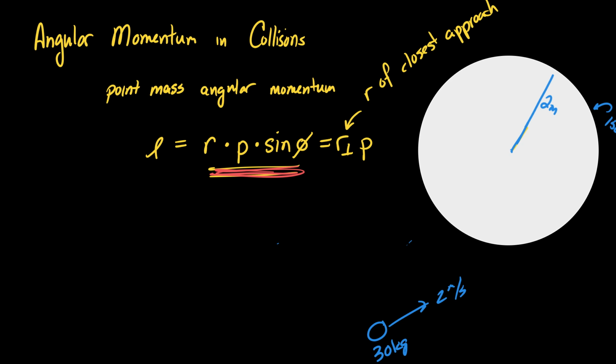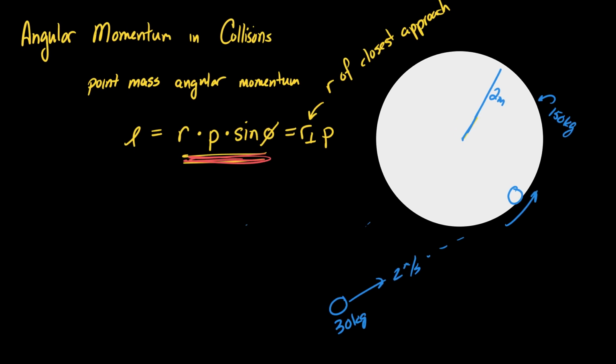So the kid makes it to the edge of the merry-go-round, jumps on, and now the kid and merry-go-round are spinning. Does that make sense? Now, I do need to say this to you. Linear momentum isn't conserved in this collision, because after the kid jumps onto the merry-go-round, it doesn't suddenly start moving this way, right?